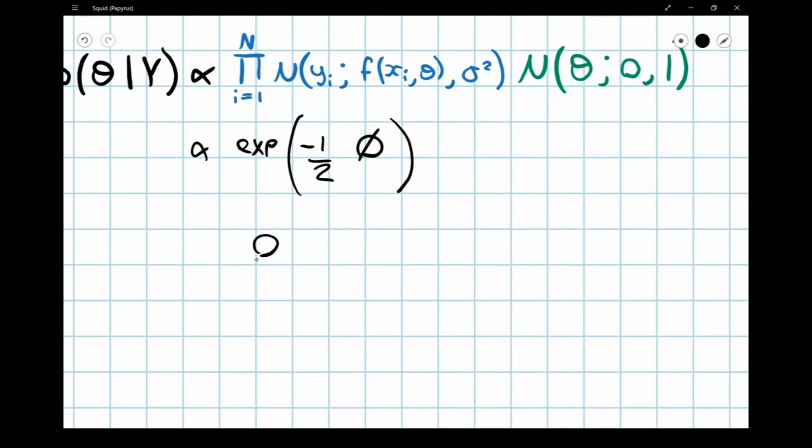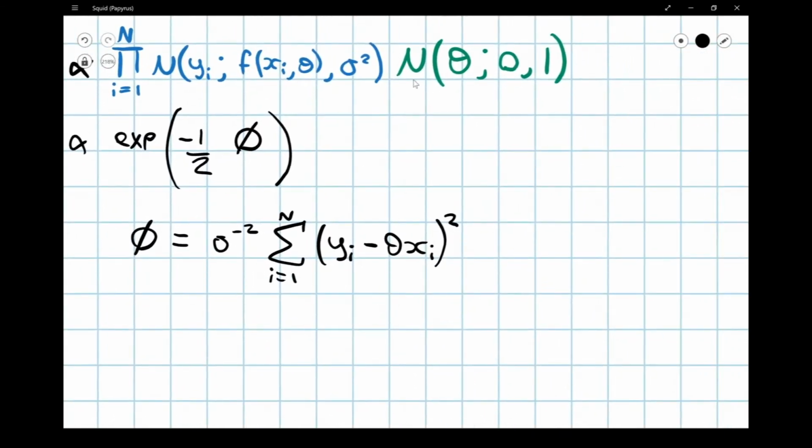In this case, phi is going to be, so we start off by including the terms in the likelihood. So we have 1 over the noise variance, so sigma to the -2. And then we'll end up with a summation from i equals 1 to n of yi minus our model, which is just theta times xi, all squared.